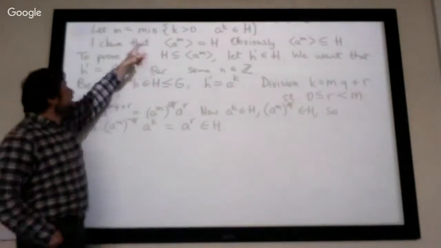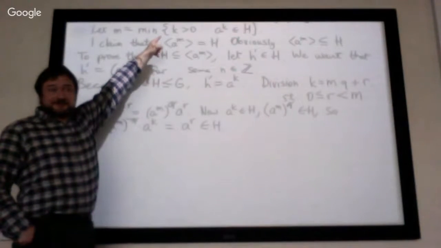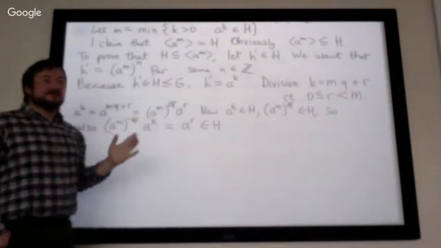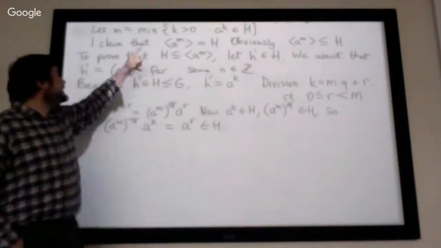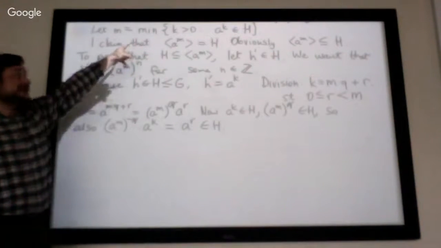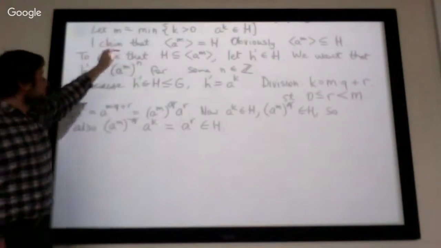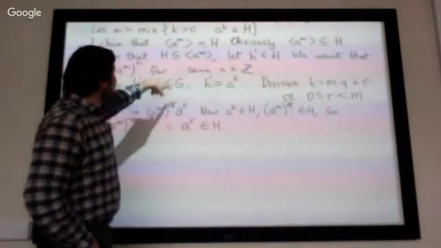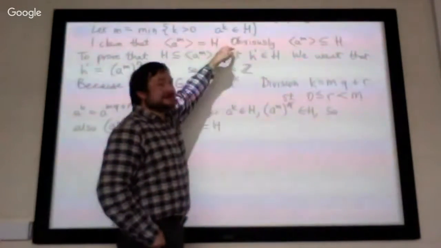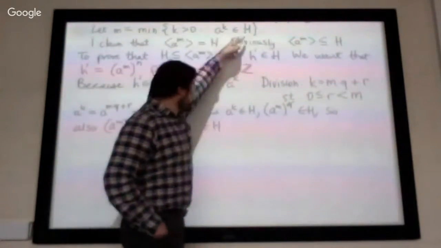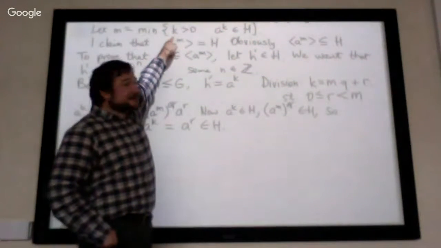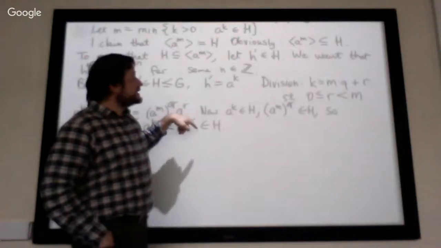Can R be in this set? No, because R is less than n, and n was the smallest number in that set, so R can't be in that set. So R must fail to satisfy either this or that. This it does satisfy, as we've just shown, so it can't satisfy the other. So necessarily R has to be 0.